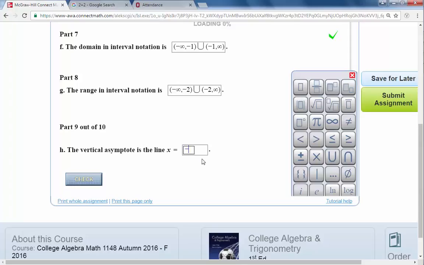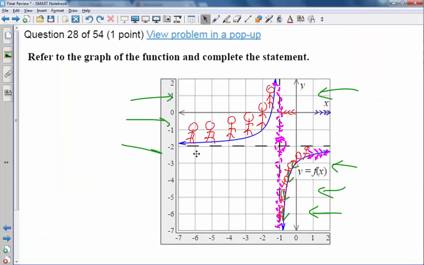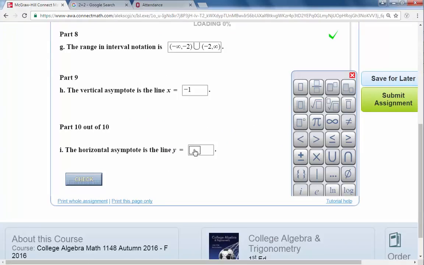They already put x, so we have negative 1. Alright, horizontal asymptote: whenever your curve converges toward a horizontal line on the far left and far right, that line is your horizontal asymptote, y equals negative 2.